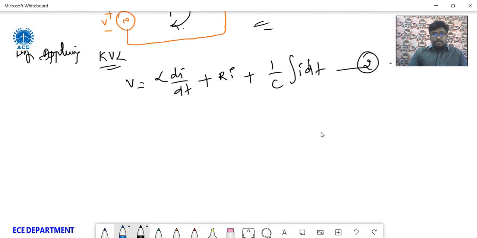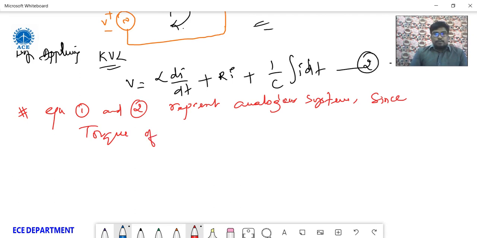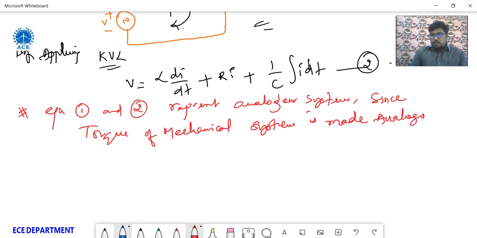Now, this is important: equations 1 and 2 represent analogous systems, since the torque of the mechanical system is made analogous to the voltage of the electrical system.